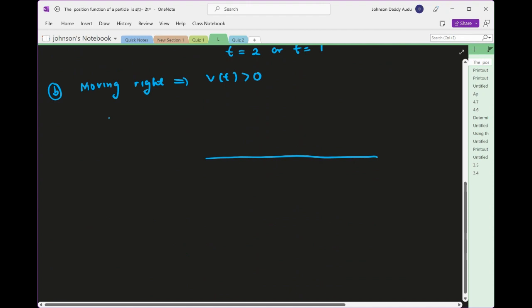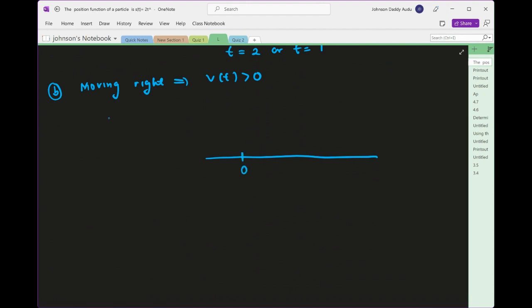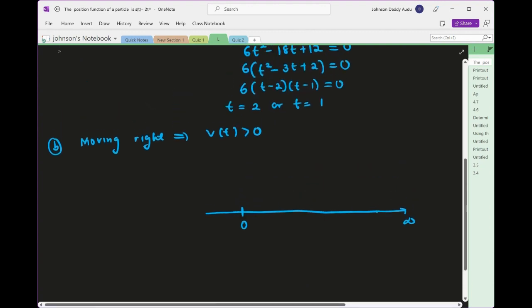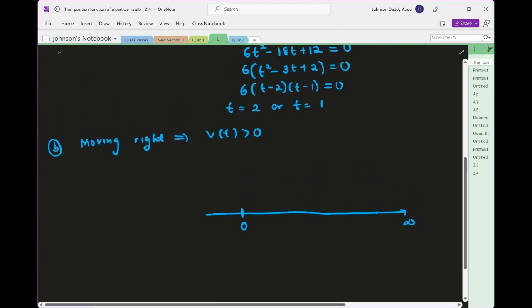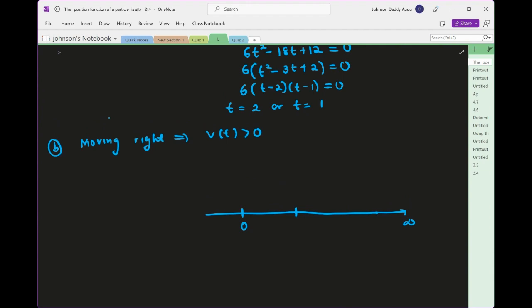I can start with 0 here, then go this way, infinity. Now we'll use these stationary points, t equals 1 and t equals 2, on the number line. So let's draw a broken line here, and also a line here.